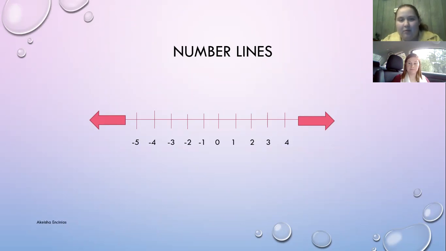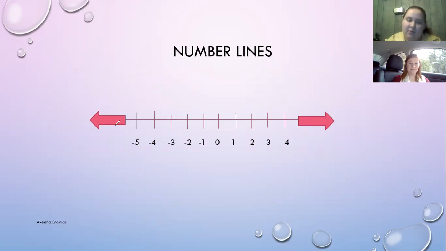Whatever number you want. Number lines are lines. So if you remember, if there's an arrow on each end, they're going to go on forever, negative infinity all the way up until positive infinity. So if you look at this number line, anything to the right is going to be positive.